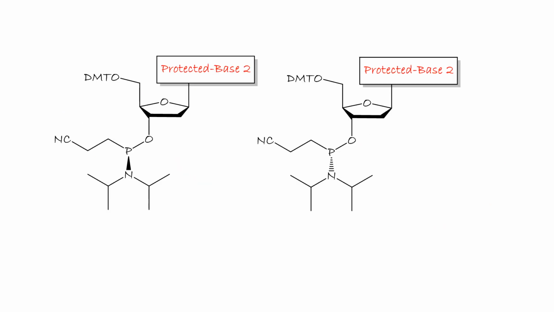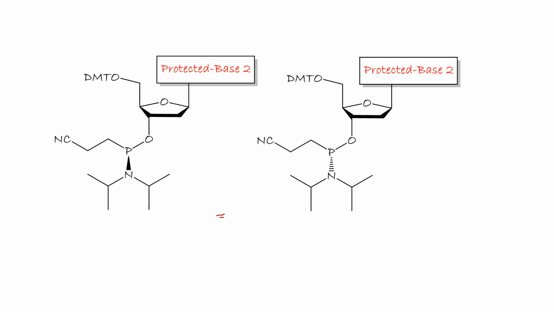As a mixture of diastereomers, because phosphorus is tetrahedral and the phosphorus atom is a chiral center, the phosphoramidite monomer produced in the phosphorylation reaction is actually a mixture of two diastereomers.